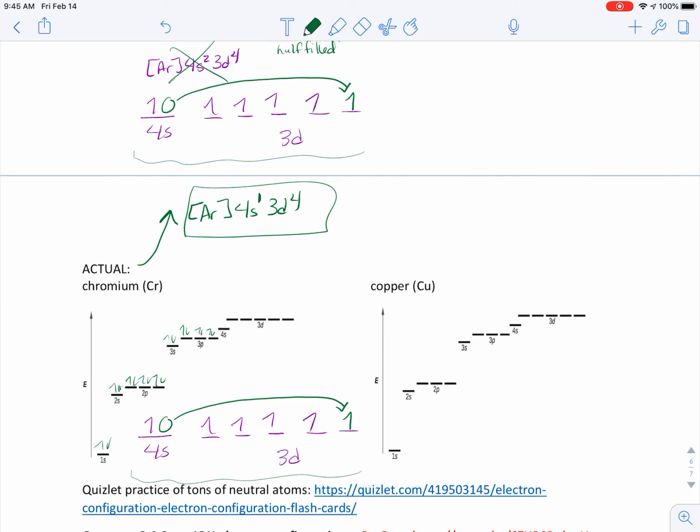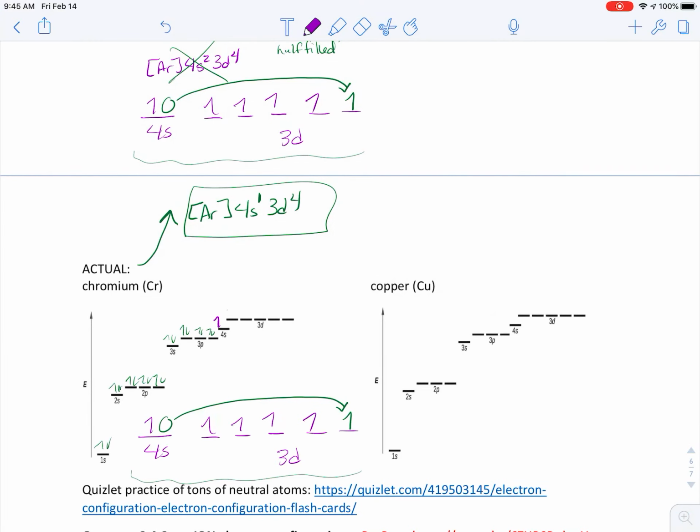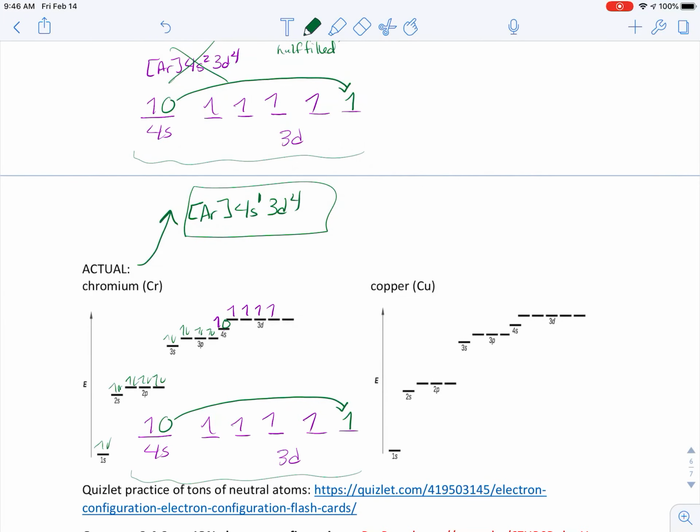Okay, and then we've got one electron here, here, here, here, here. And then the other one that was here is not there anymore. And he got moved over to here. That's what happened.